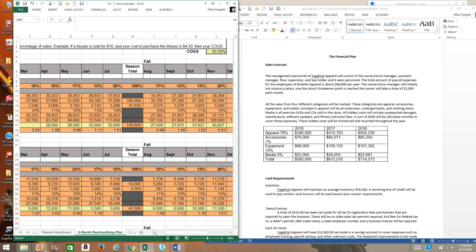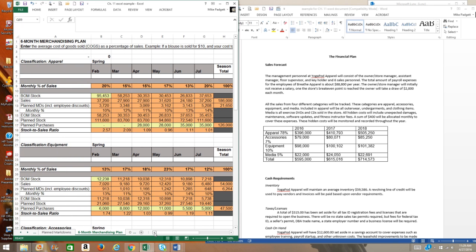So if you take that and say, okay, 45%, 4.5 out of 10, 4.5 times what gets you to 10. For that, if you did 45%, then it would be 2.25 that would get you to 10. Then your apparel makes up 78% of your sales.